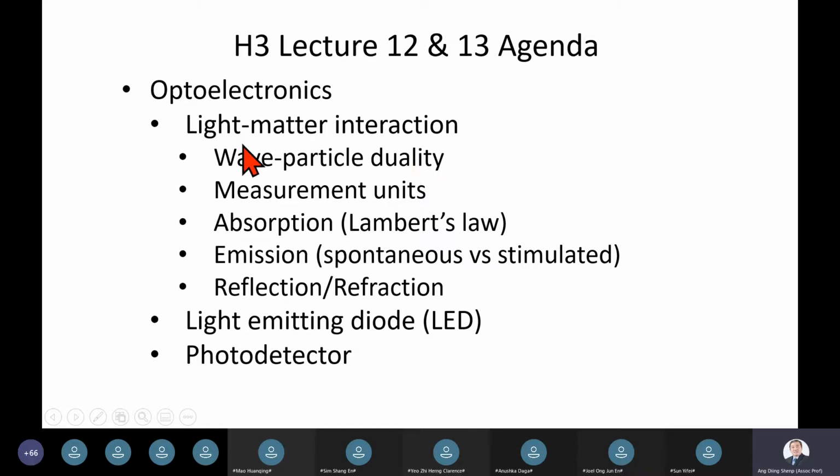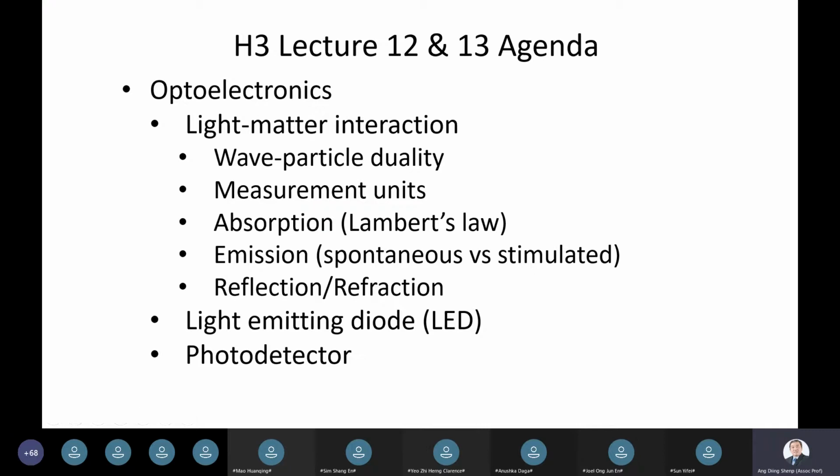Under this discussion, there are some important points such as wave-particle duality. This is quite famous in quantum mechanics, where light waves can be regarded as particles. I'm going to review this concept. We will also be looking at how light is measured. What are the units for measuring light?